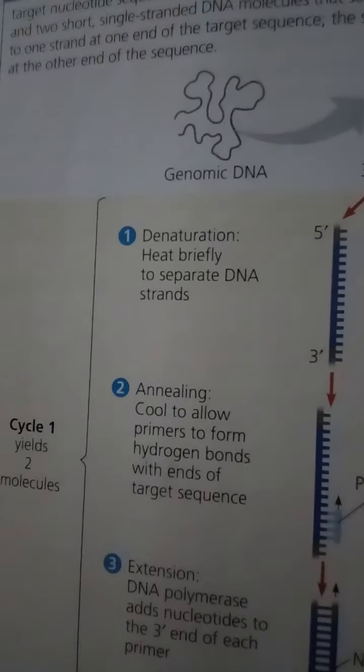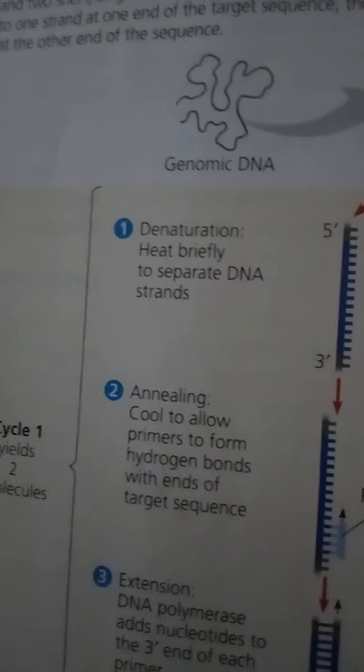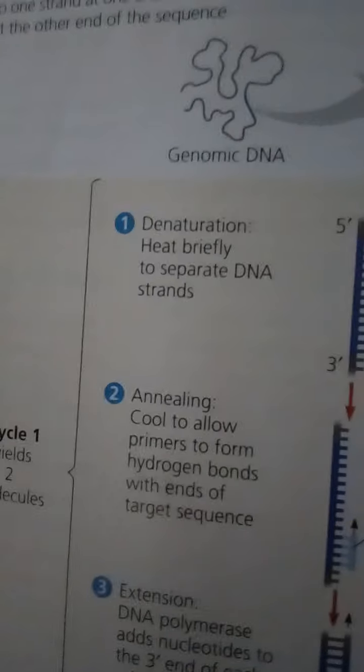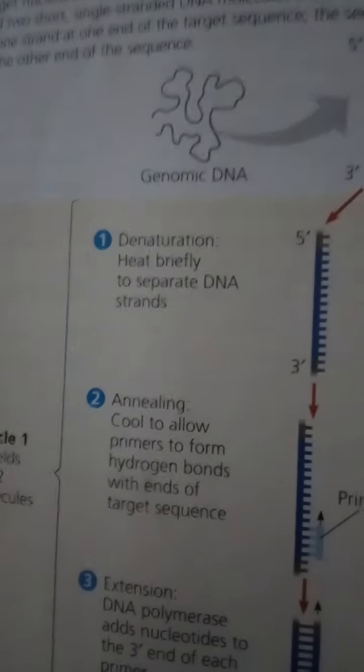Another useful tool for cloning eukaryotic genes are yeast artificial chromosomes, or YACs, which combine the essentials of a eukaryotic chromosome, an origin for DNA replication, a centromere, and two telomeres, with foreign DNA.